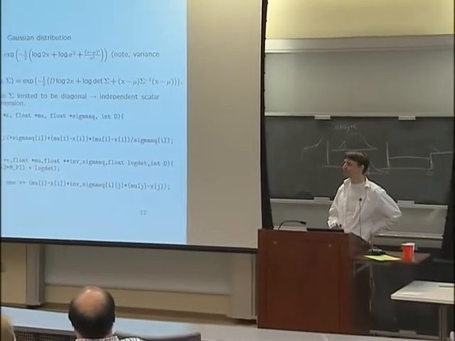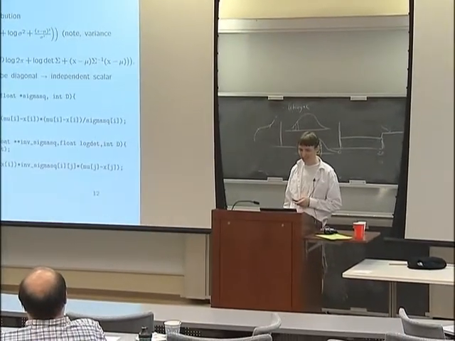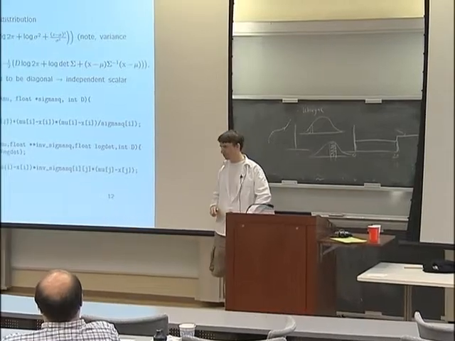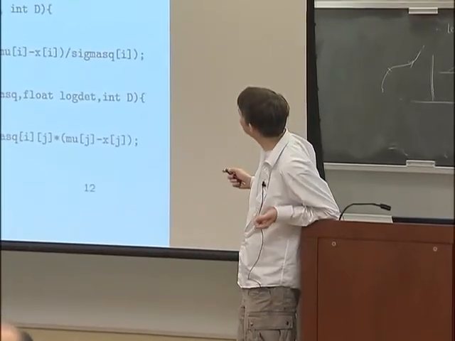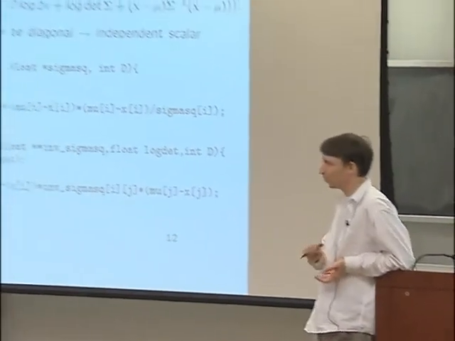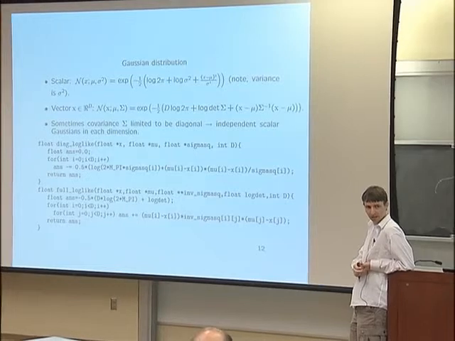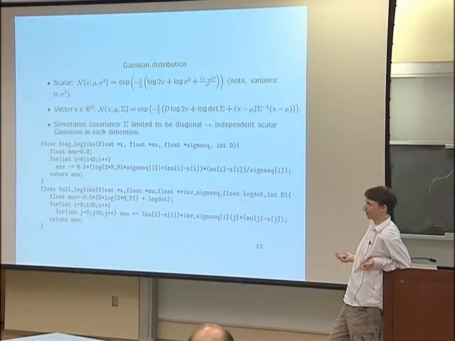The most common continuous distribution that we use in things like speech is the Gaussian distribution, sometimes called the normal distribution. Although when you use the word normal, it implies that the variance is 1 and the mean is 0. Is that right? No, it doesn't. Okay, so it's the same thing. That's how I use the letter N, by the way. It's normal.